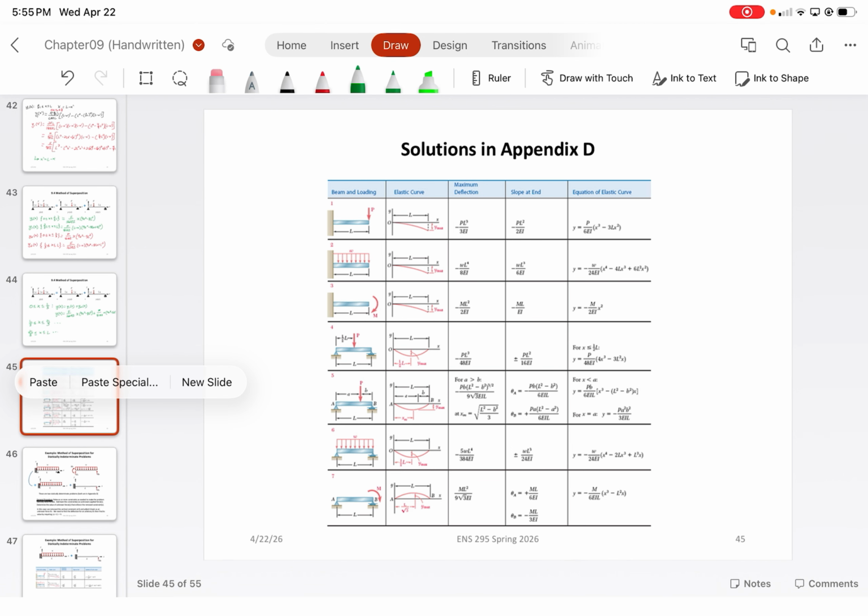A good example would be a beam with a maximum deflection, let's say here and then here. Let's say it was a beam with both a point load and a distributed load. I'll draw that out really quick.